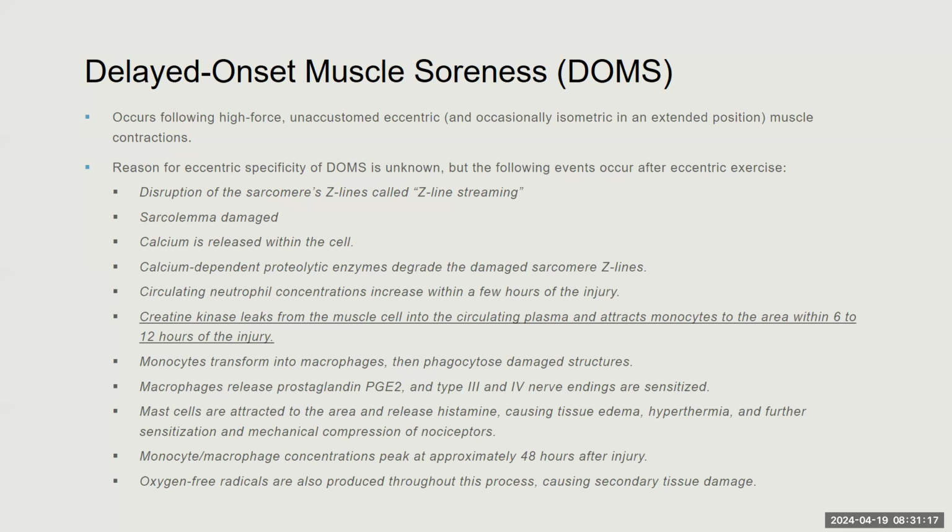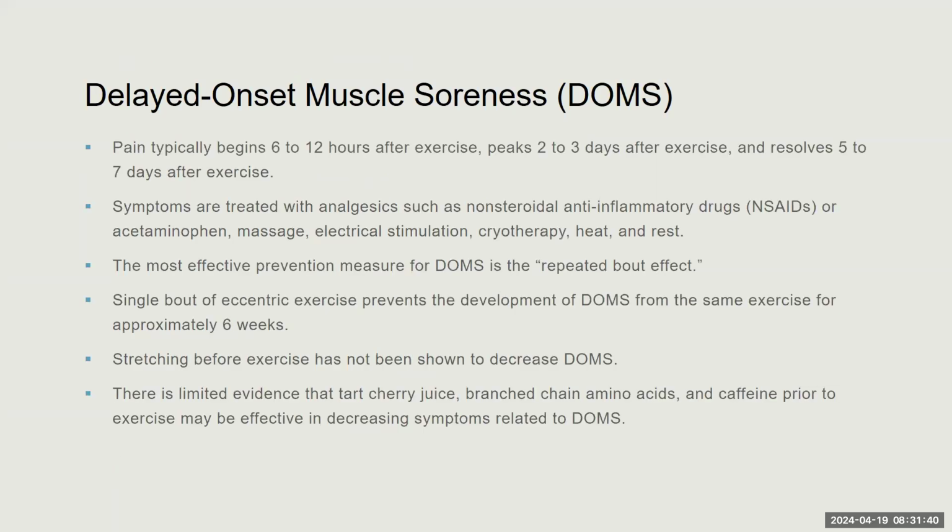Mast cells are attracted to the area and then release histamine, causing tissue edema, hyperthermia for further sensitization, and mechanical compression of nociceptors. This all peaks about 48 hours after injury, and oxygen free radicals are also produced throughout this process, causing secondary tissue damage. So they think that all of these contribute together to create that sensation of DOMS.